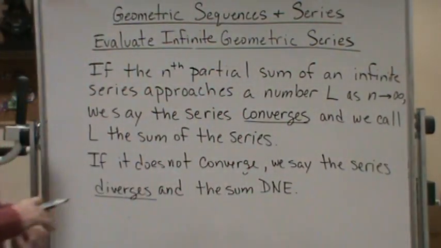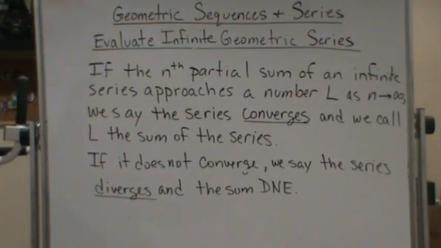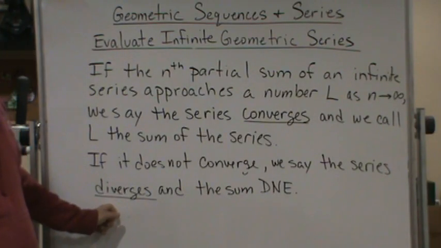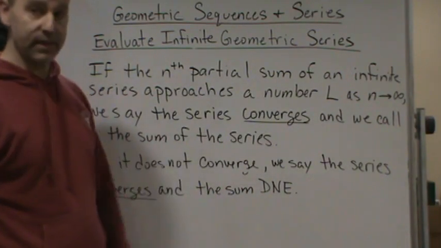Now, if the partial sum does not converge, then we say that the series diverges and the sum does not exist.